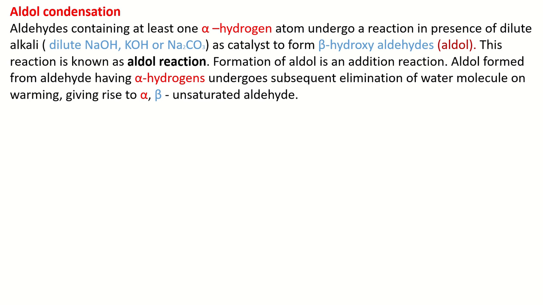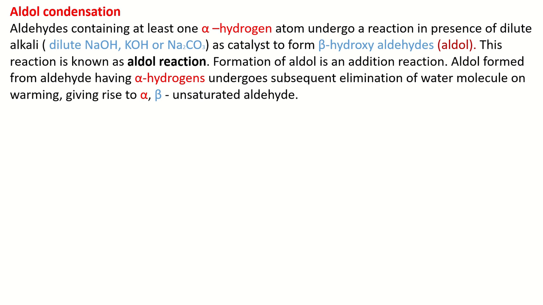Why? Because the beta hydroxyaldehyde has an alcohol group as well as the aldehyde. Hence, the common name will be aldol. This reaction is known as an aldol reaction. Formation of aldol is an addition reaction.